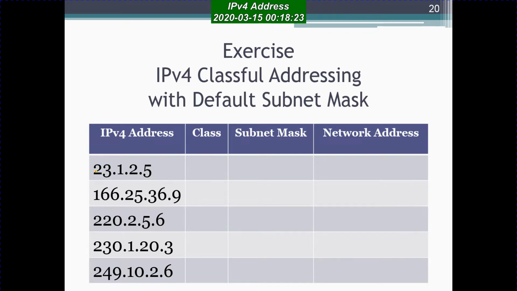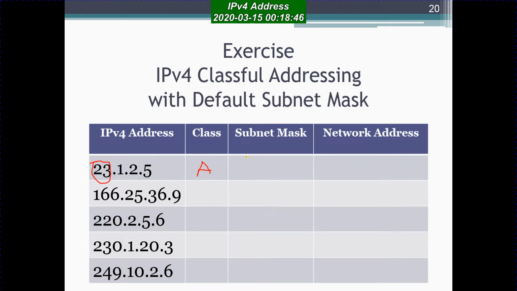So let's start with this IP address, 23.1.2.5. If you look at the range of values in the leftmost byte, you will understand that 23 is simply a class A IP address. Okay, now we know what the subnet mask is.